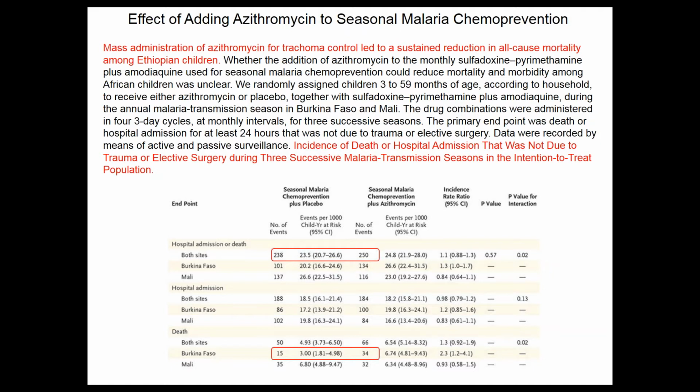So in this first study, households were randomized, not children as individuals, to an antimicrobial treatment, which included malaria prophylaxis and several other things, with or without concomitant azithromycin, to test the notion that azithromycin, through some magical effect that I don't understand, would improve the survival in these children.